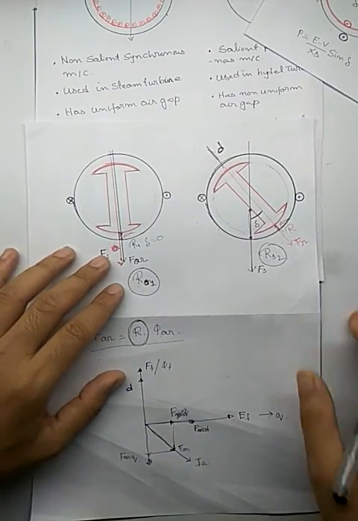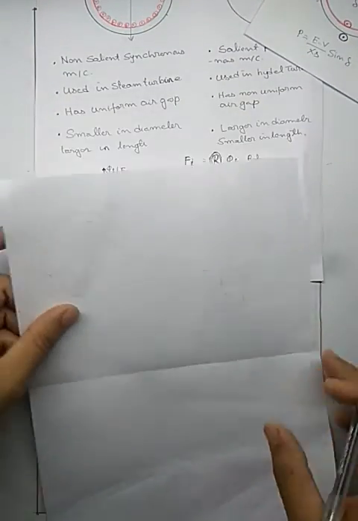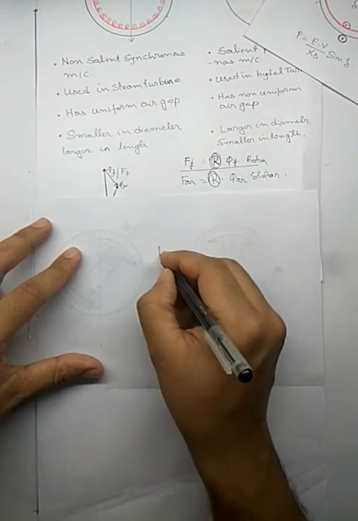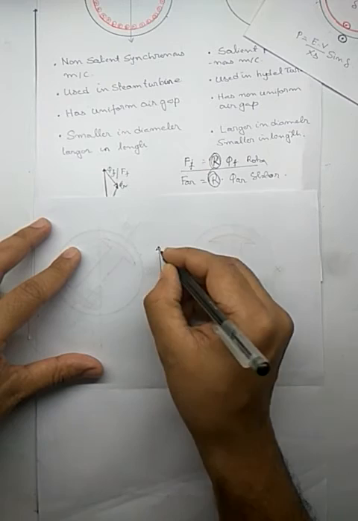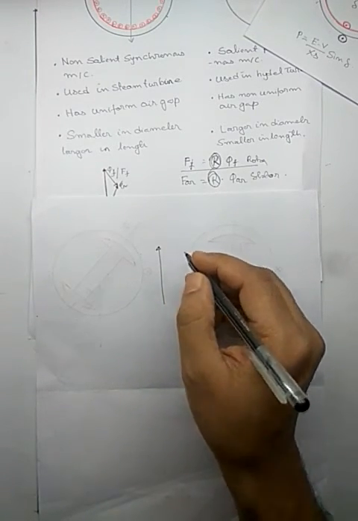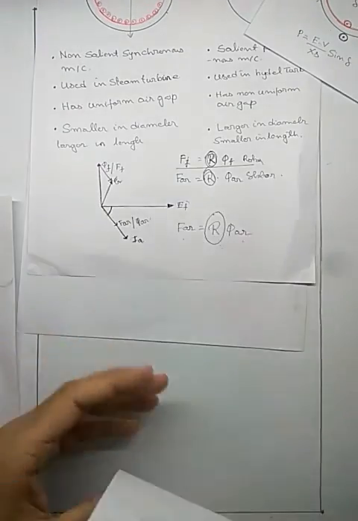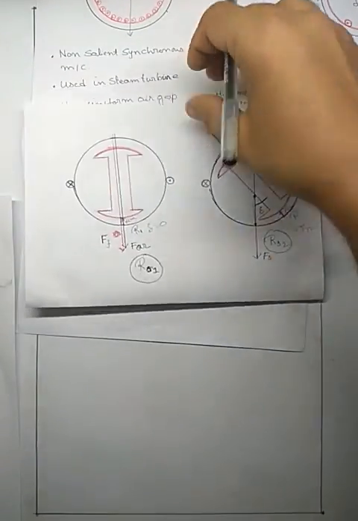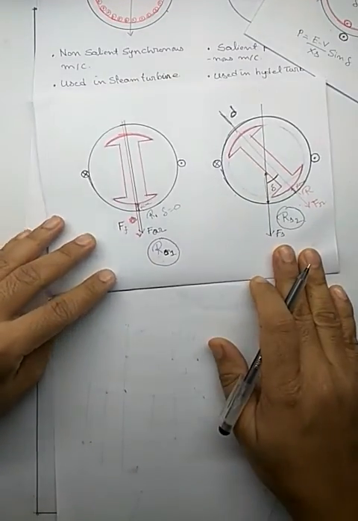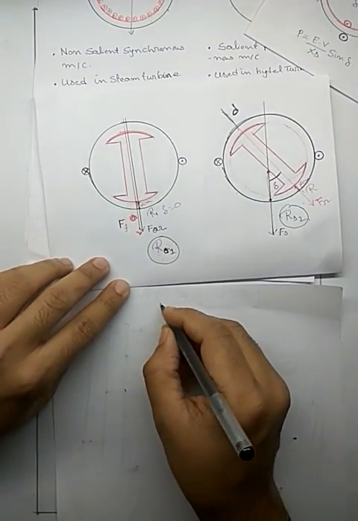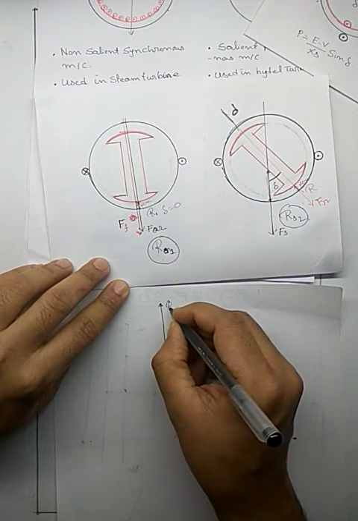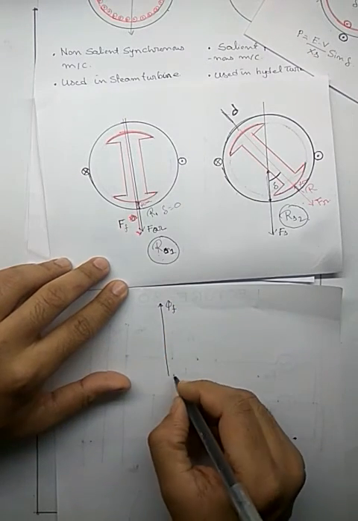I'll draw it once again. This is the flux produced by the rotor, phi f.